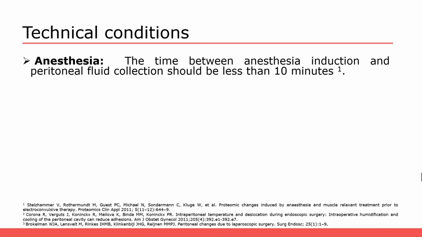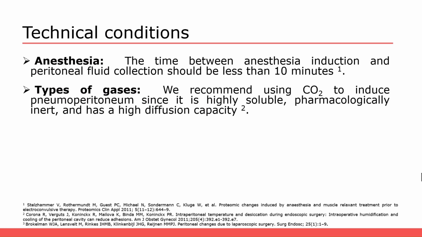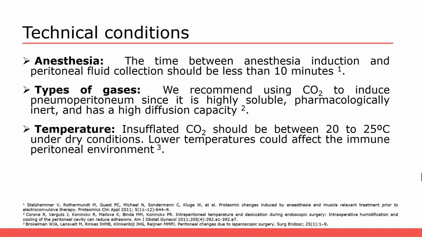It is recommended to collect the samples within the first 10 minutes after the induction of anesthesia to avoid its negative impact on the results. We recommend using carbon dioxide to induce pneumoperitoneum, since it is highly soluble, pharmacologically inert, and has a high diffusion capacity. Abdominal temperature is also important. Insufflations of carbon dioxide should be done between 20 and 25 degrees under dry conditions.